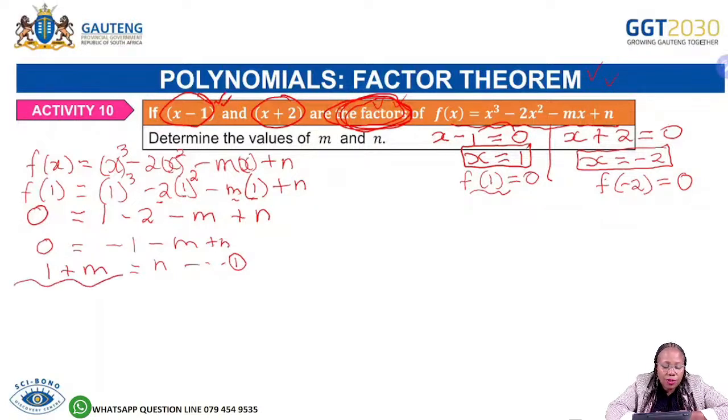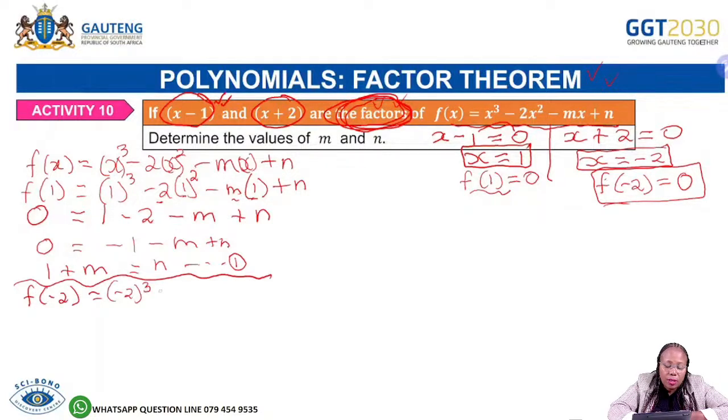And then now to create the second one, because we are solving simultaneously, we are going to consider the second condition where x is equal to minus 2 now. This will be minus 2 cubed minus 2 squared minus m minus 2 plus n. And then now the remainder is 0 again for this condition.